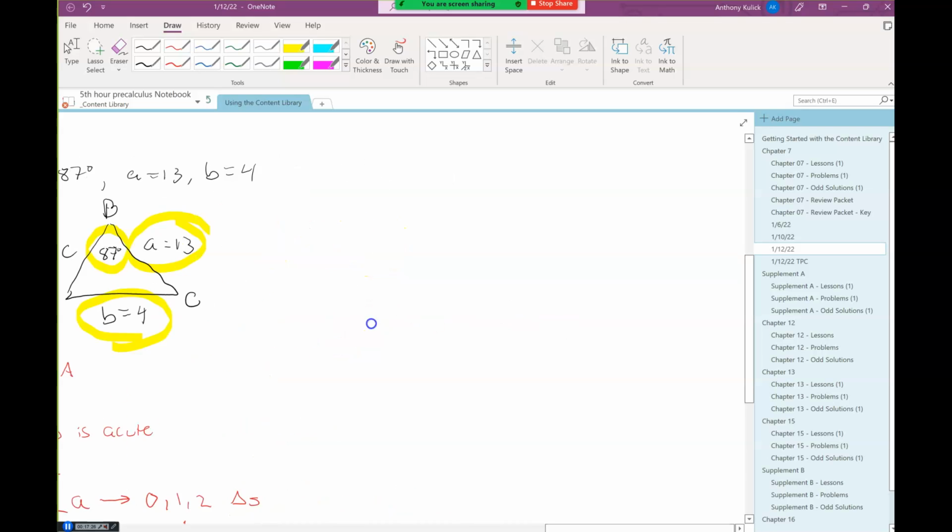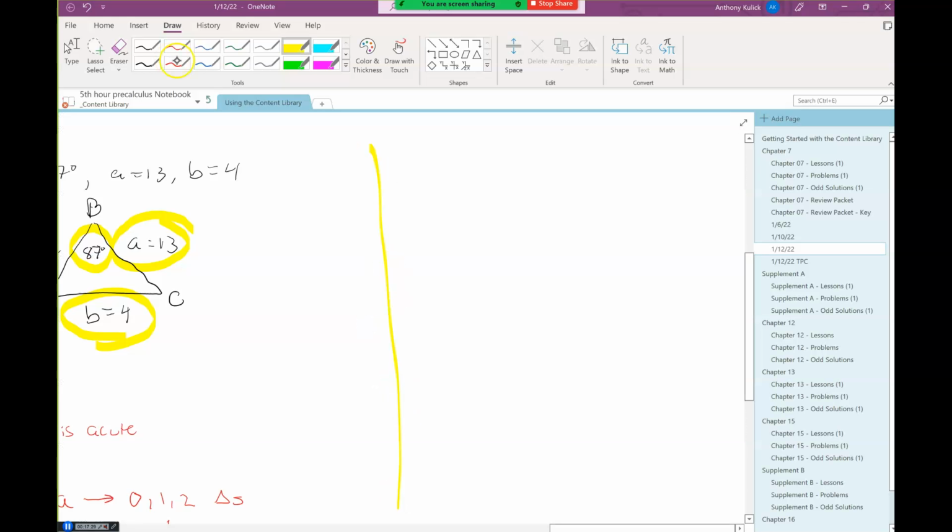So just to kind of summarize that situation, let's use a color that's easier to see.